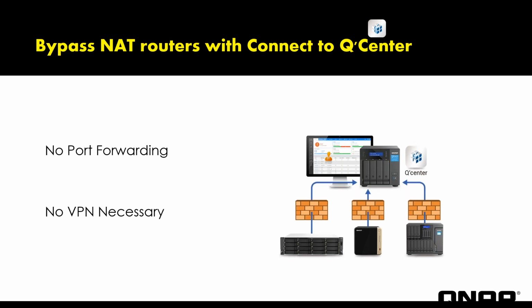So customers do not need to compromise their security, especially the firewall security, to provide you the access to monitor their NAS. So monitoring is a great tool that you can now provide without having to open any ports or require a VPN connection. That's another great feature that QCenter provides.